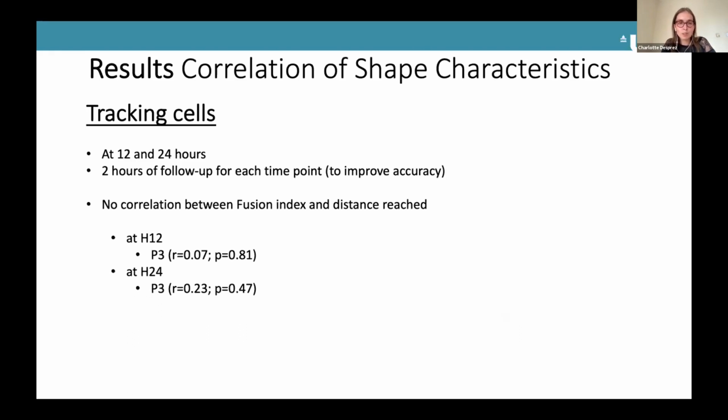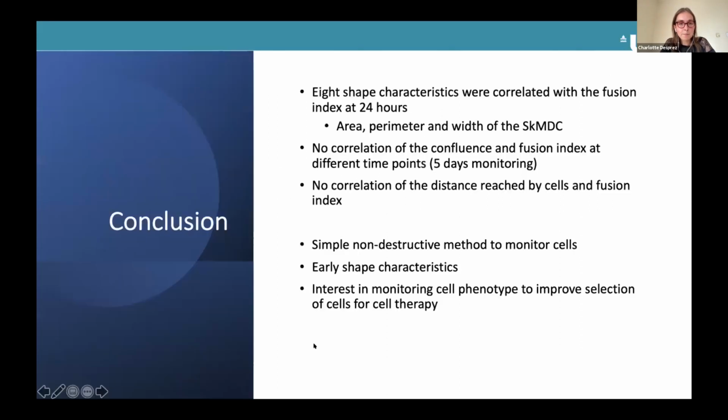In fact, if we used a longer time, the software wasn't really able to follow the cells well from frame to frame, so we decided to set the cutoff at 2 hours. And for this study, there was no correlation between the fusion index and the distance reached by the cells, both at 12 hours and at 24 hours.